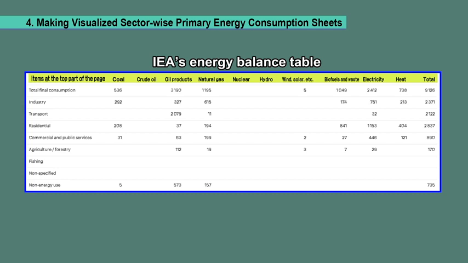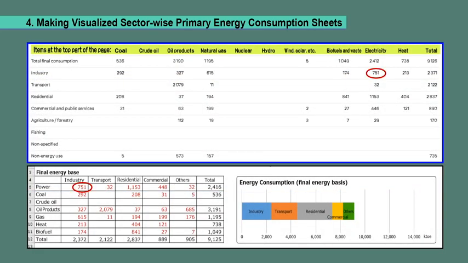This time we'll focus on final energy consumption. For example, power for industry 751. Power for residential 1153. Copy the data from the IEA table to the relevant spot.